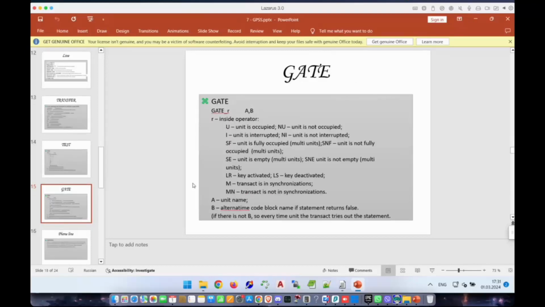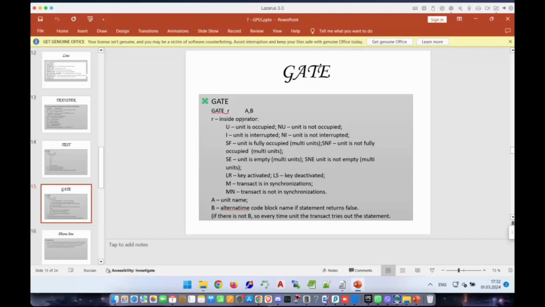There is another interesting operation called gate. Operation gate actually is something similar to if. The only difference is that in if the test compares the values, while here we compare the state of a facility or a storage.